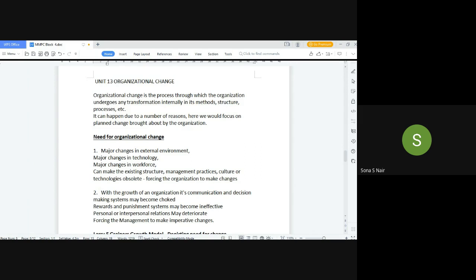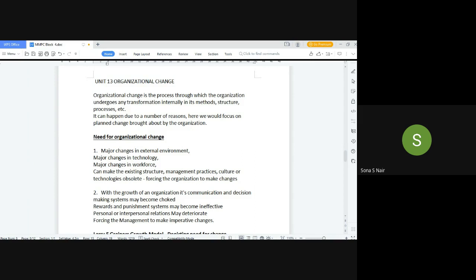So, organizational change basically is the process through which the organization undergoes any transformation internally in its methods, structures, processes, etc., for any reason. It can happen due to a number of reasons.